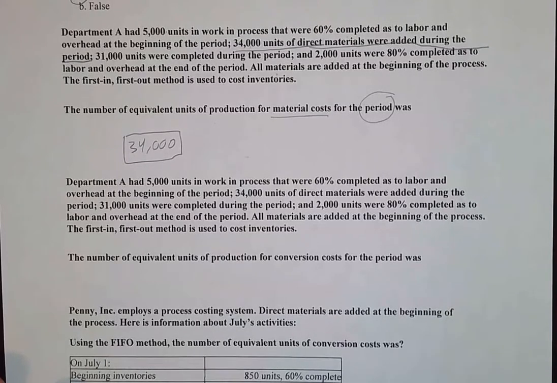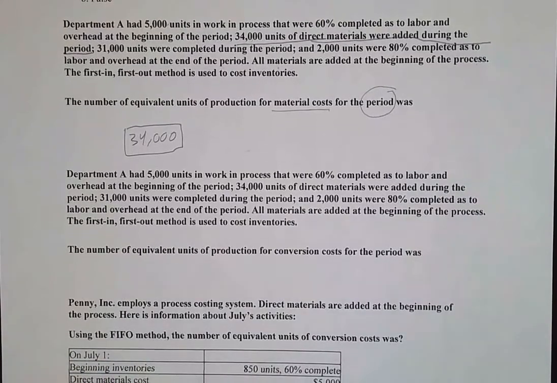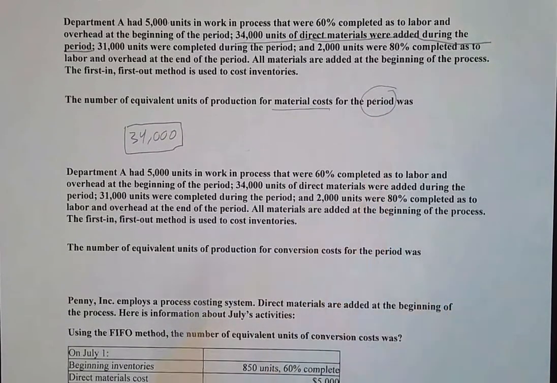So we don't really care about those 5,000. We don't care about ending inventory, because any inventory in process is still going to be 100% complete as to materials. Because we're only asking about this period, all we have to do is look at the number of units that were started in the period and just pull that number, and that's going to be our answer. And that's all there is to it. It really is that simple. This time.